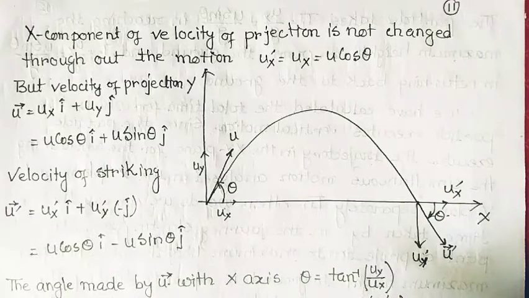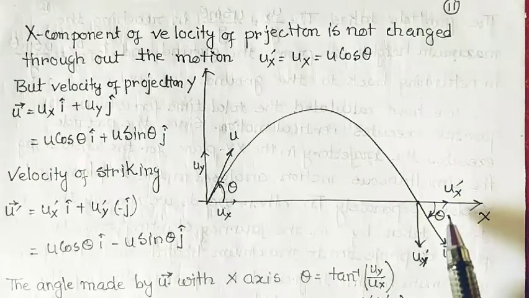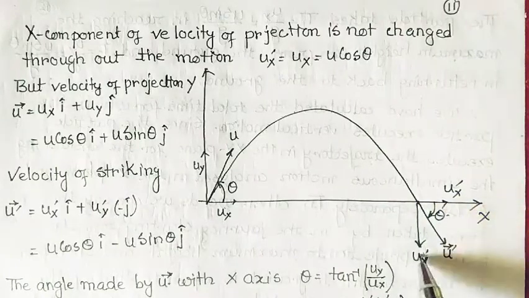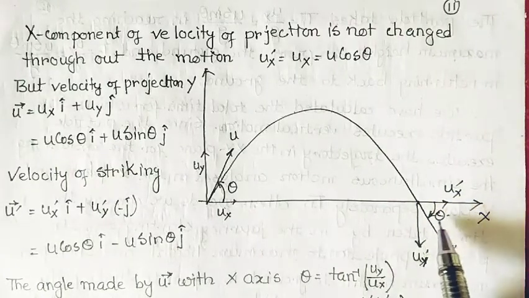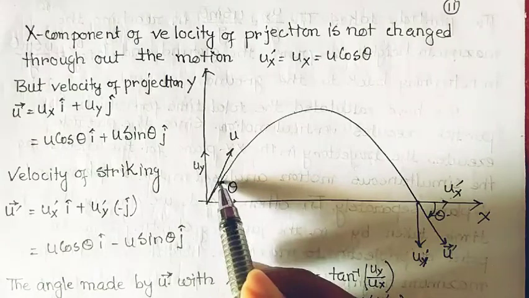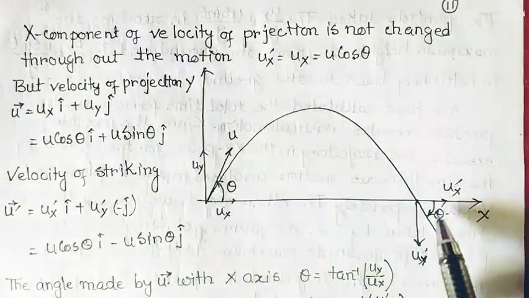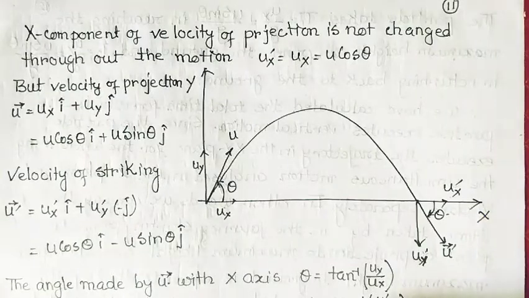For the time being we just take it is u and it is u prime, so we just show this is the ux prime and this is the u prime. The x component of it is ux prime and the y component is uy prime. But I think you have understood the sense of rotation. It is along the anti-clockwise direction and this is along the clockwise direction.